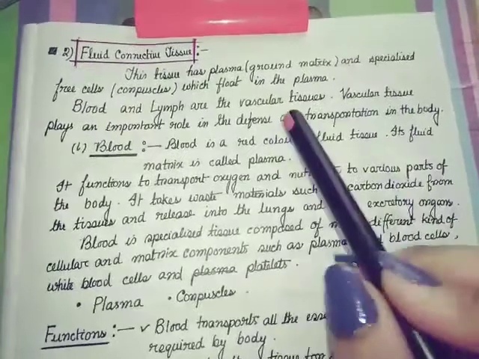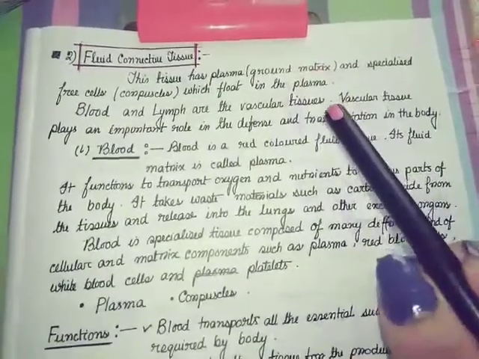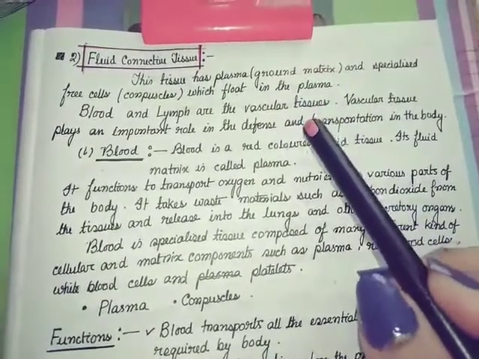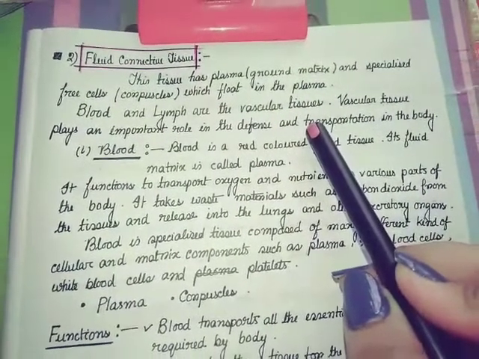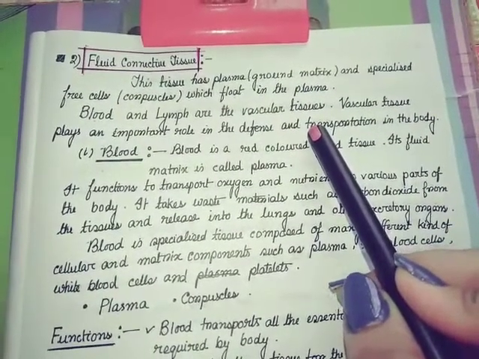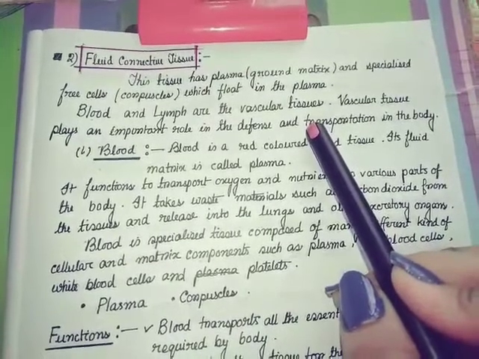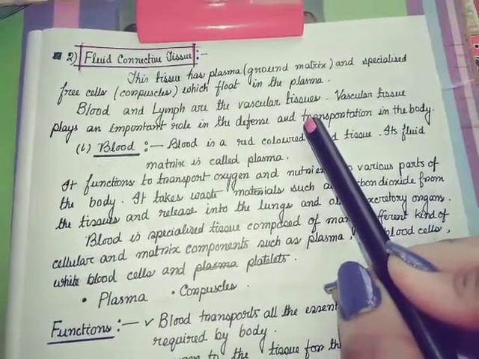And defense, some of the blood cells or the corpuscles are there which are giving protection against the microbes, against the foreign particles which are harmful for our body.